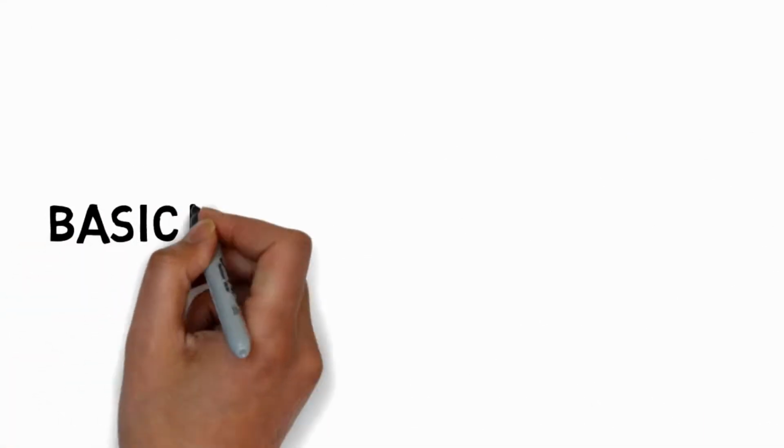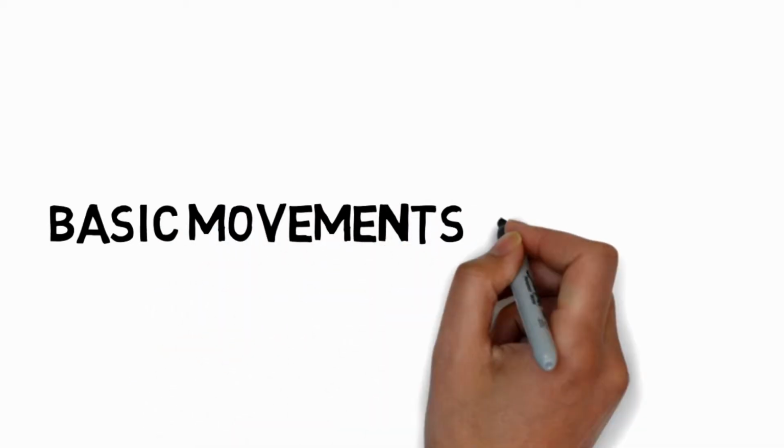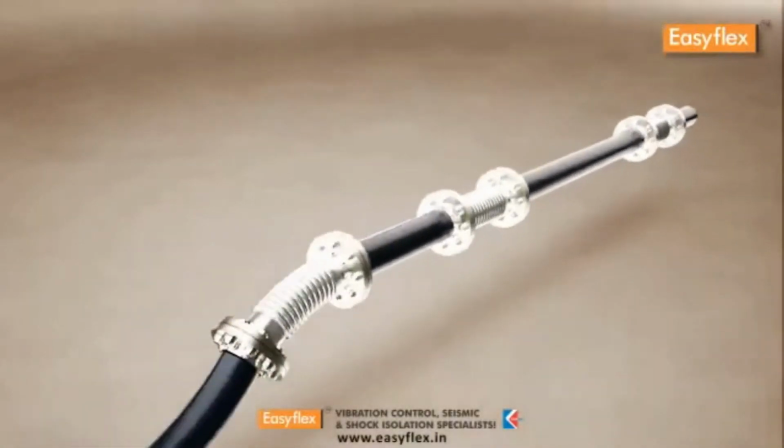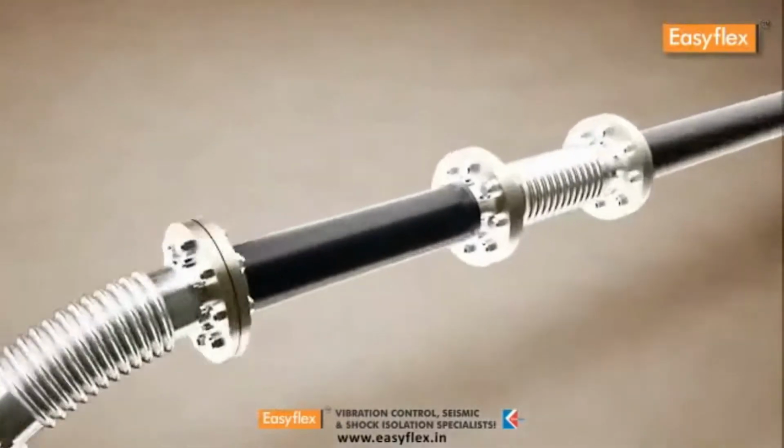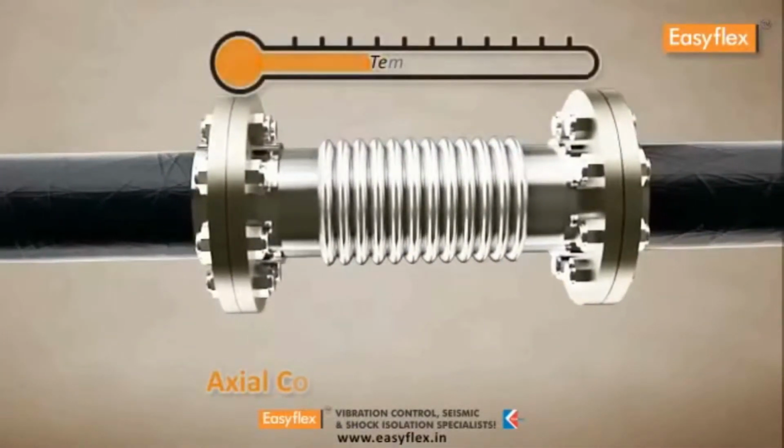Here are the three basic movements of a bellow. The first one is the axial compression and elongation.